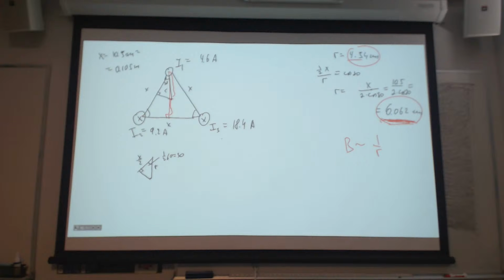You used 4.54, so you need to multiply by 4.54 and then divide by 6.062. Yeah, and that gets me the correct answer. Okay. Thank you. So it's not the physics per se, it's just the math. Geometry. Right. Which is fine.